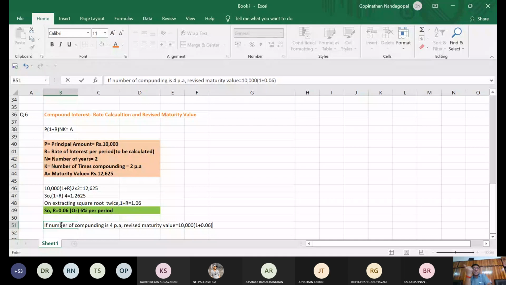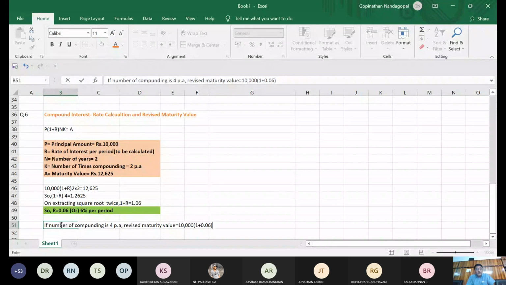The interest rate remains the same. Yes, sir, but that 6% is not per annum, sir. Per annum, it will be 12%. 6% per period. See, you understand the question: wishes to amend the scheme by compounding interest every quarter, what will be the revised maturity value?